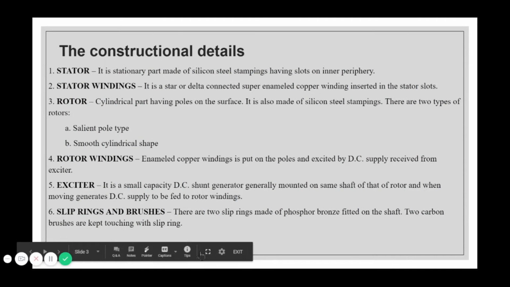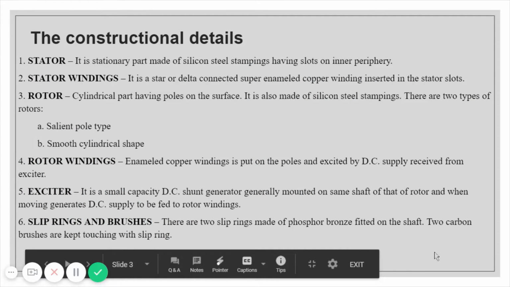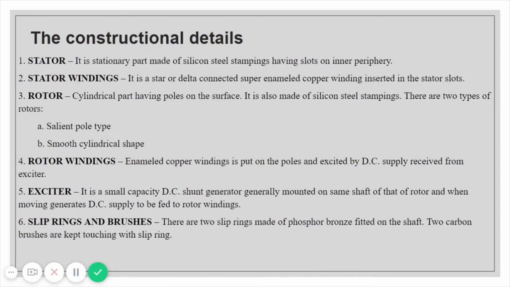An exciter is a small capacity DC generator generally mounted on the same shaft of the rotor, and when moving it generates DC supply to be fed to the rotor winding. Means the exciter is used to excite the rotor of the motor.